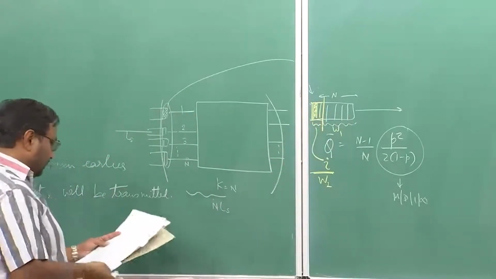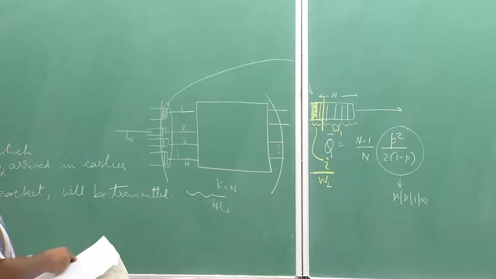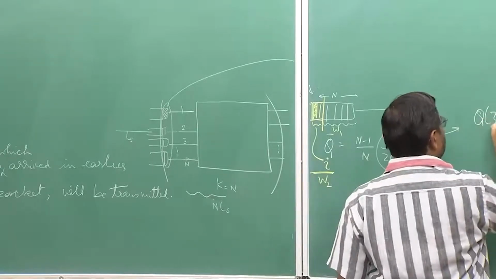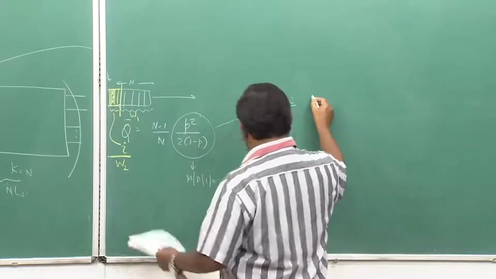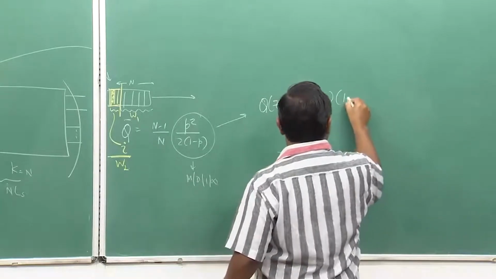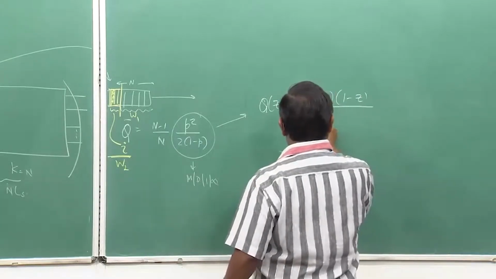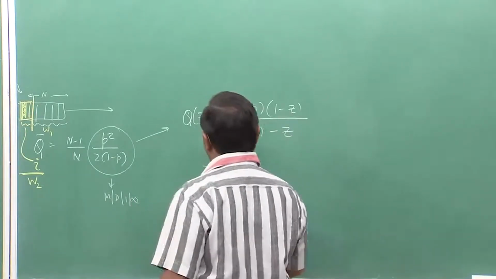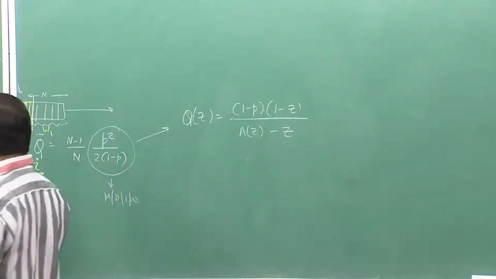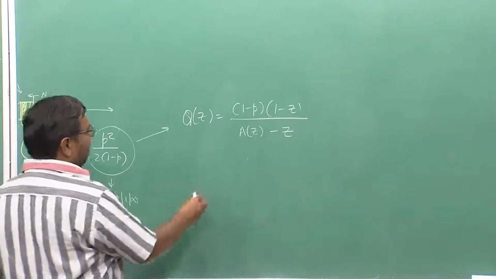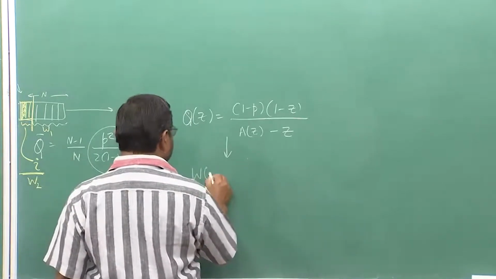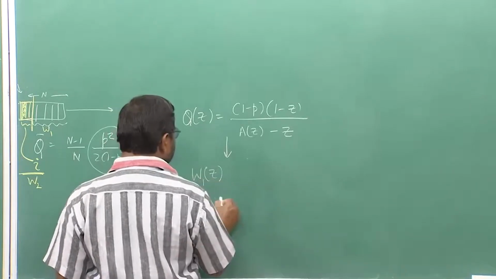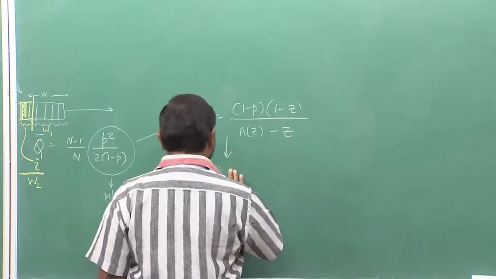So, I know that W1, the probability generating function, has come from the probability generating function Q(z), which was (1 minus p)(1 minus z) A(z) by (A(z) minus z). From here actually we got this q bar. So, this will ultimately also be the probability generating function of W1(z) will be given by this.